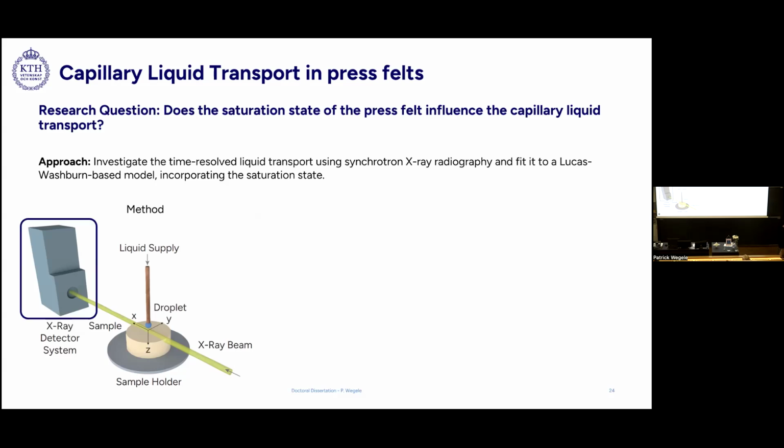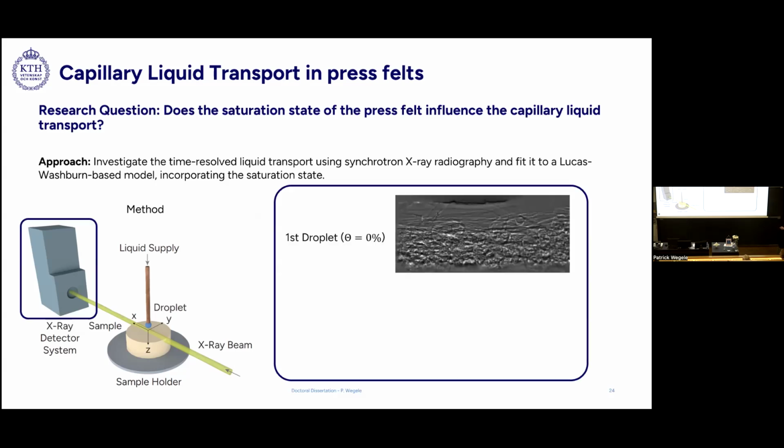So doing that gives you results that look like this. What you see here is a grayscale image of the top bed fiber layer when the press felt is still dry. The first droplet is then released from the top, arrives at the press felt and at some point bursts. And after the burst, it is redistributing in the press felt base layer. So you see it is redistributing here.